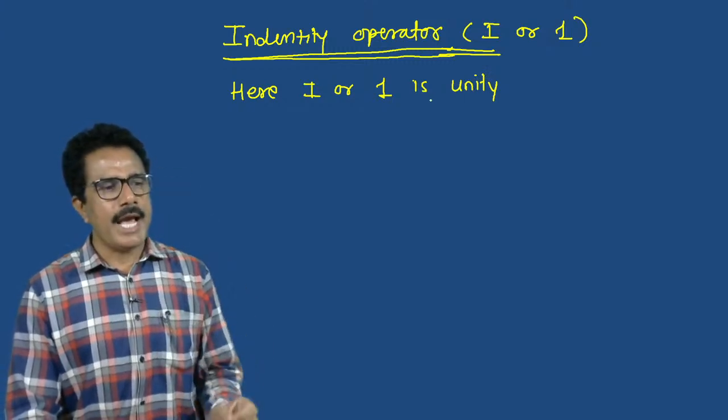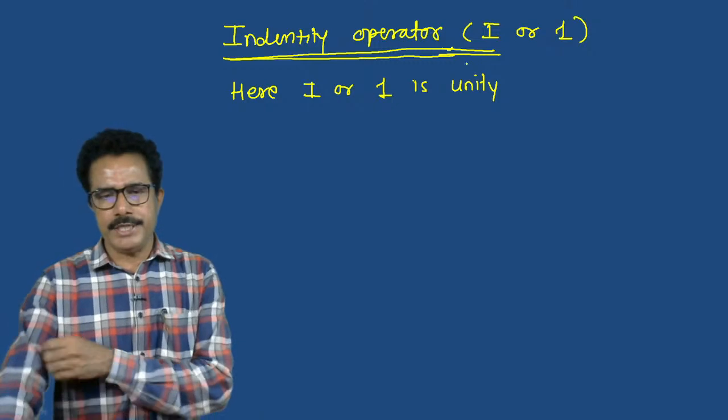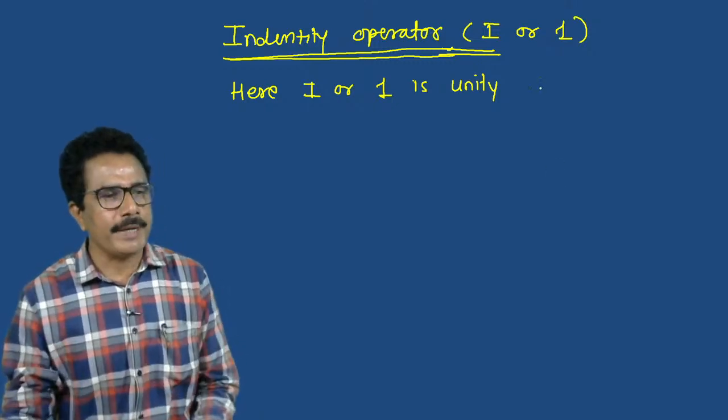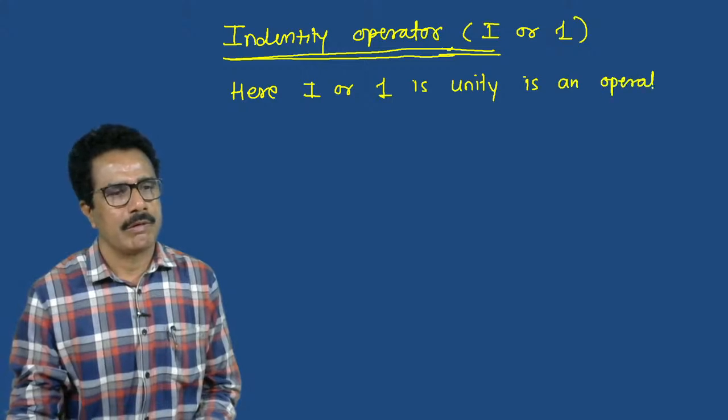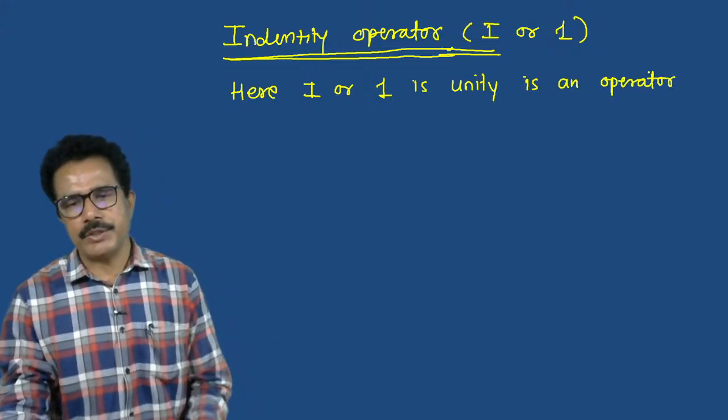Here I or 1 is unity, an operator. It is also called a unity operator.